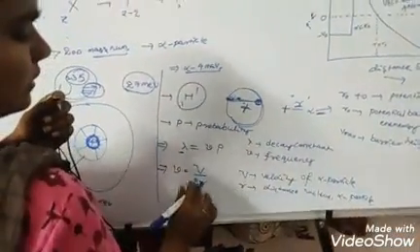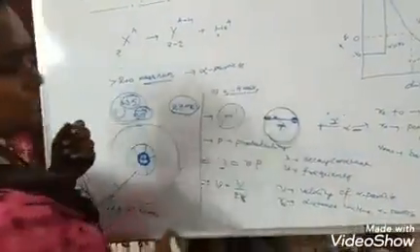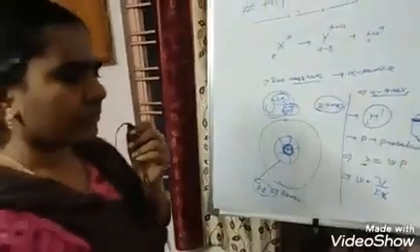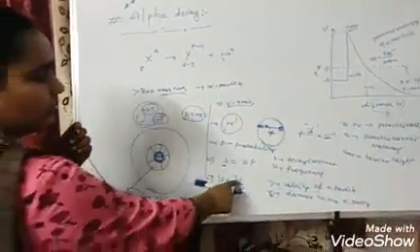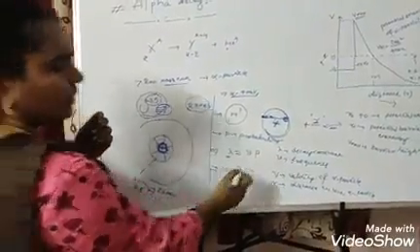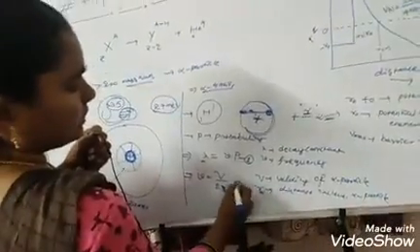So this is r naught, the distance between the nucleus of the uranium material and the alpha particle. So nu is equal to V by 2 r naught. This is equation 1, and this is equation 2.